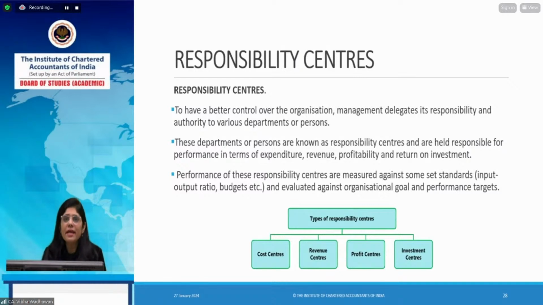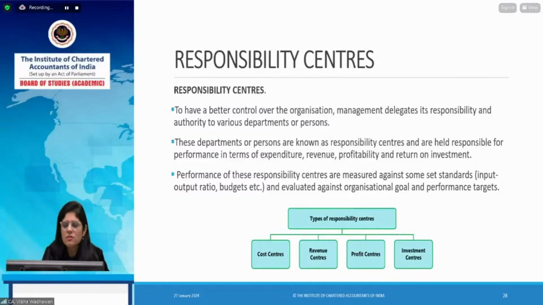So for him, that department is his responsibility center. The purchase department becomes his responsibility center. He will be answerable to the management for everything that is done in the purchase department. Purchase department का जितना भी cost होगा, जितना भी उसका खर्चा होगा, वो सब purchase department will be answerable.